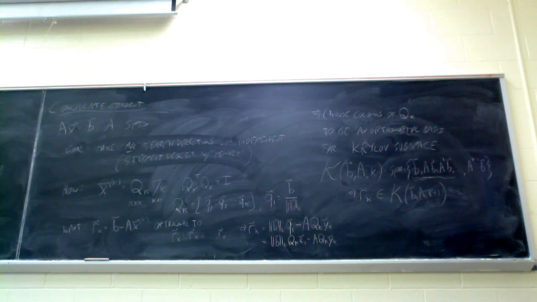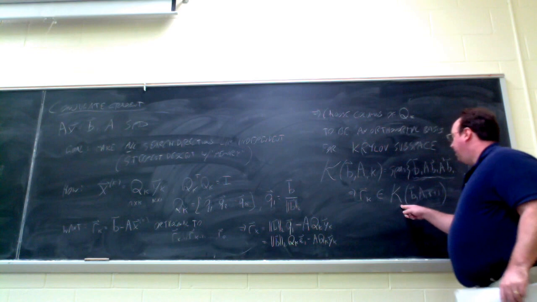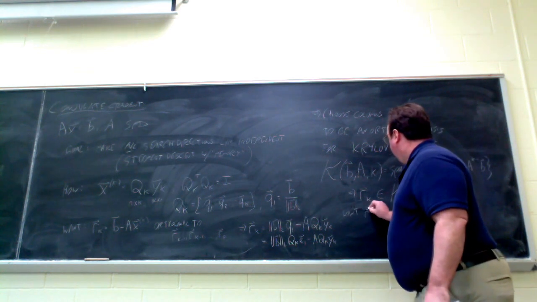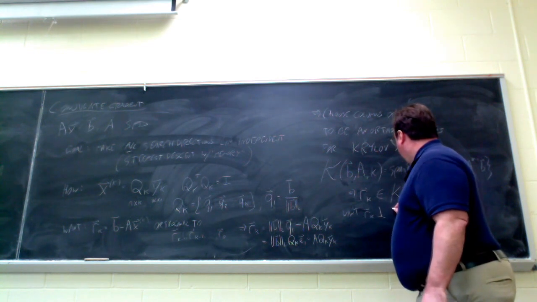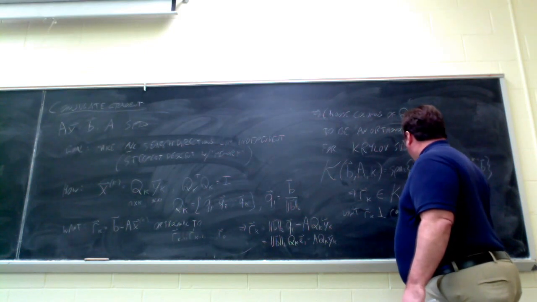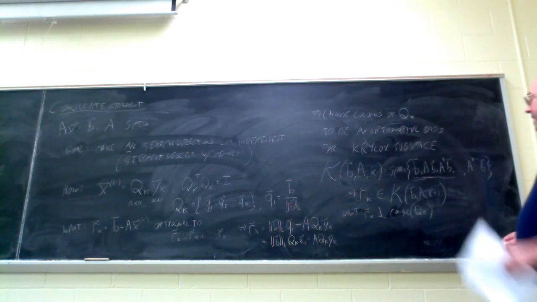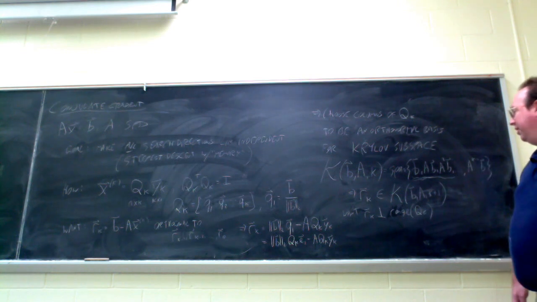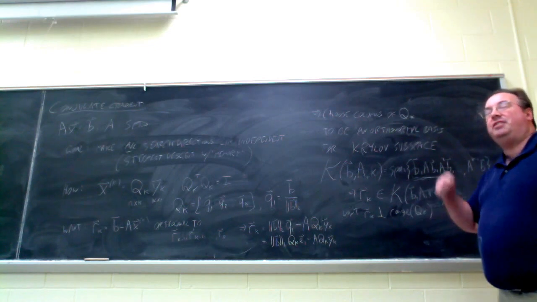So I want this residual to be orthogonal to the range of QK. In other words, the span of all the columns. That way I can make sure that each residual is orthogonal to all previous residuals, because previous residuals would come from previous Krylov subspaces.